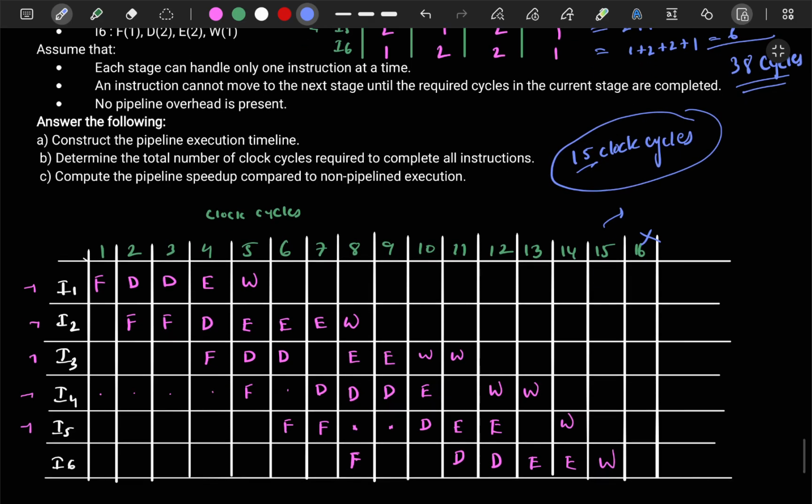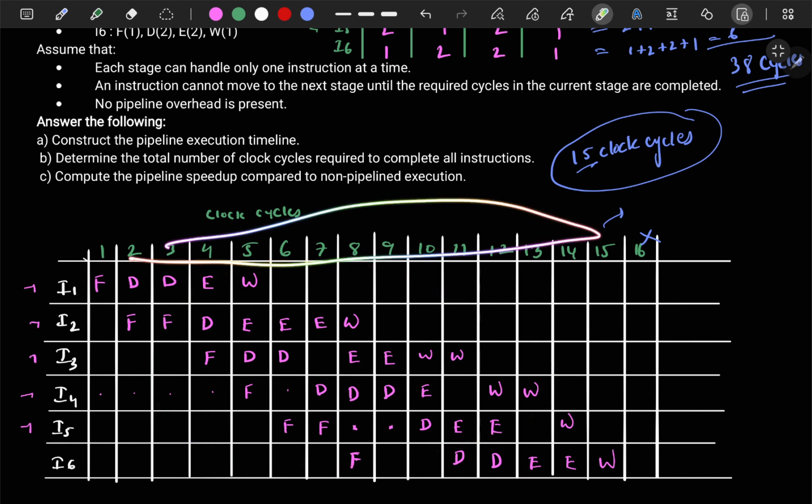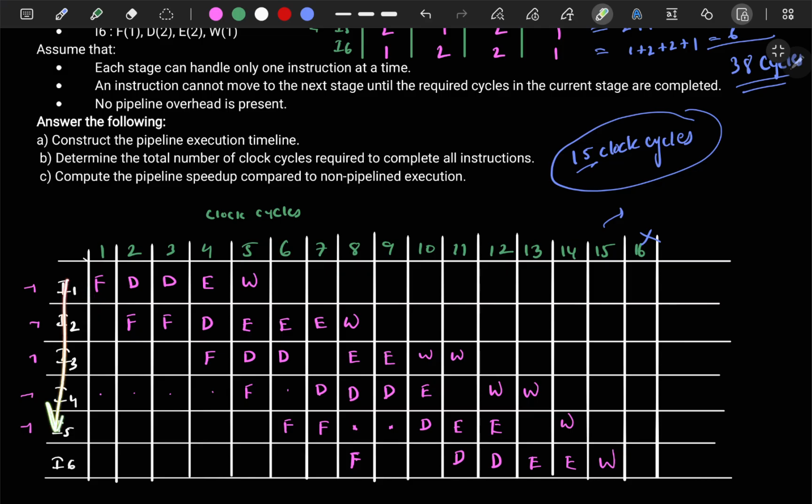And don't forget about this particular timeline. We have already seen the phase time diagram. I just reversed it: back then, in the phase time diagram, I had mentioned the fetch stages in the rows and all the instructions inside the cells. Now I have put the instructions outside and the phases inside the cells, so that solving this kind of question is easy.